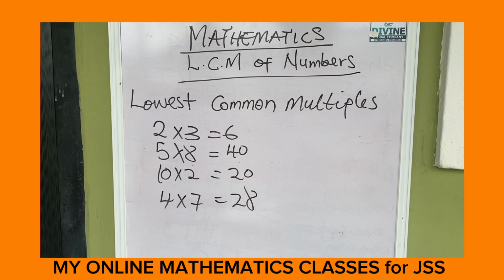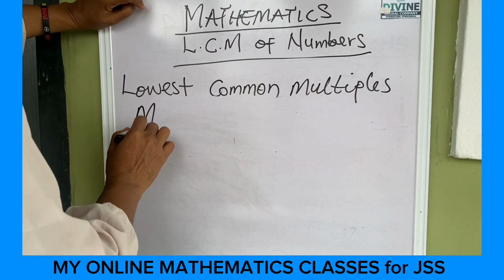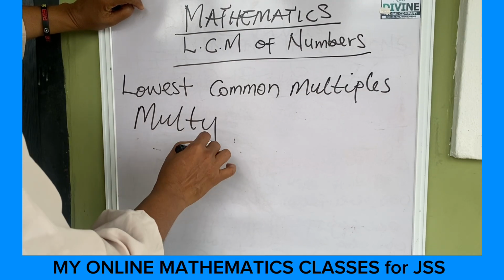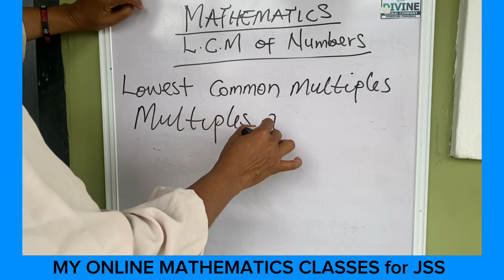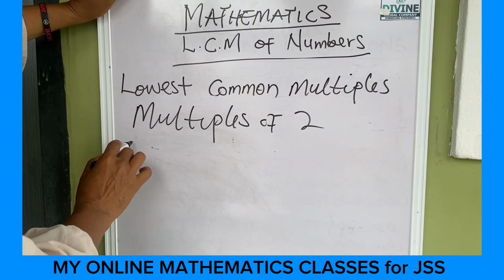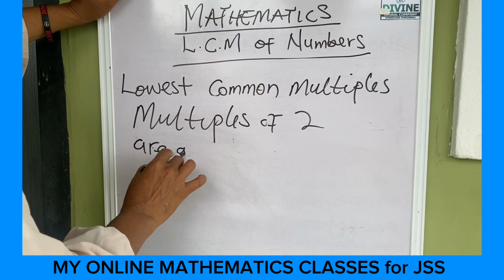So the number 2 has its own multiples. The number 5 has its own multiples. That is the result you will get when you use 5 to multiply, the result you will get when you use 2 to multiply, the result you will get when you use 10 to multiply. So what we are saying is that all these numbers that we use to multiply, sometimes the result can be the same, but it is not always the same.